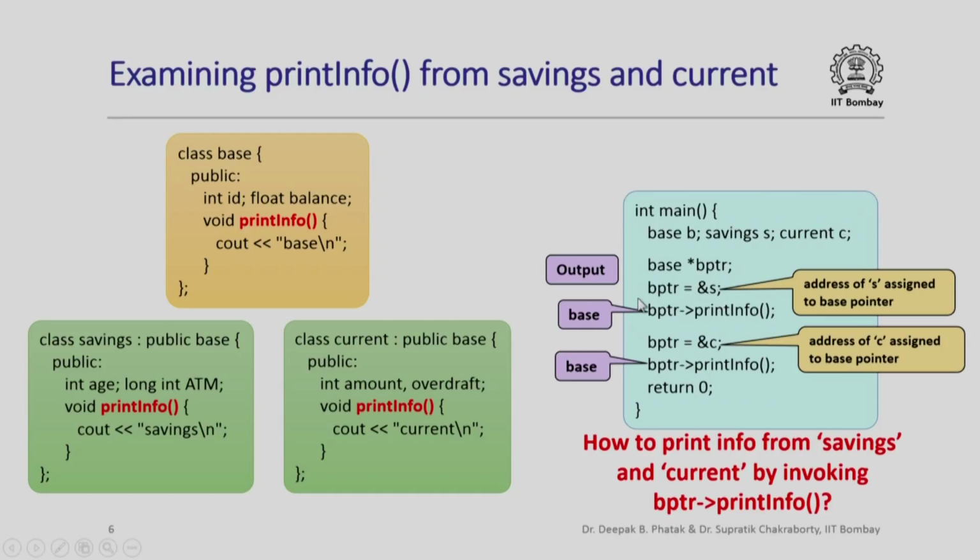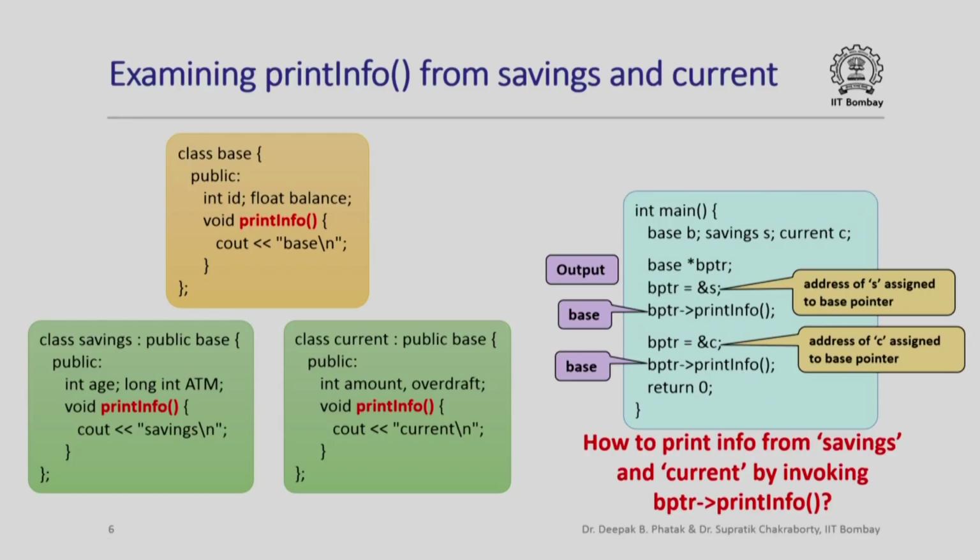This assignment basically has the intent that I want BPTR to behave like S, and so this printinfo presumably has the intent that we wanted printinfo from the savings class to be printed, but of course that is not going to happen in the C++ program. So the question is, how do I print info from the savings and the current classes at these two statements, by invoking BPTR printinfo over here, and again by invoking BPTR printinfo over here?